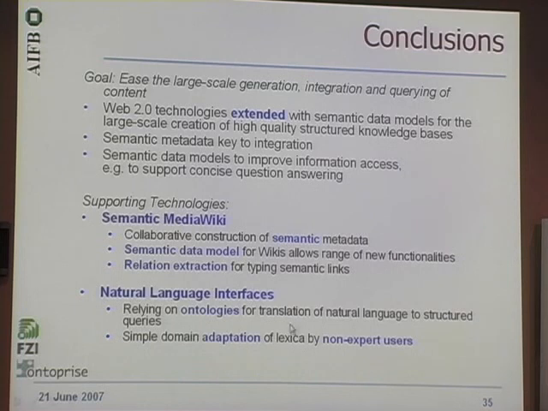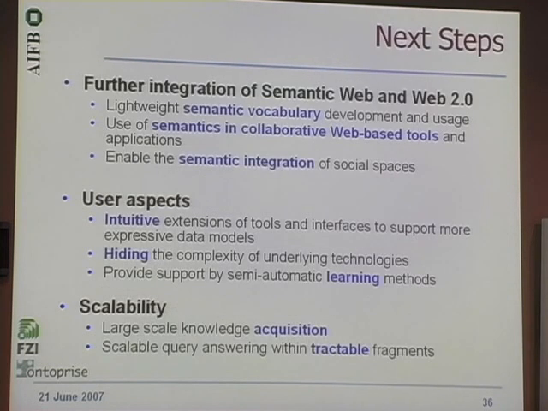And also you have seen by providing that relation extraction technique, you are able to generate some of these facts in a semi-automatic way. And with respect to these natural language interfaces, clearly we need these semantic models in the background, but we have some ways of making that adaptation process more easy and also usable by non-expert users in the end.